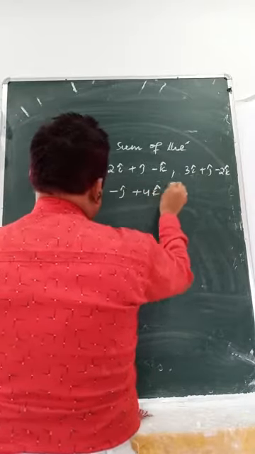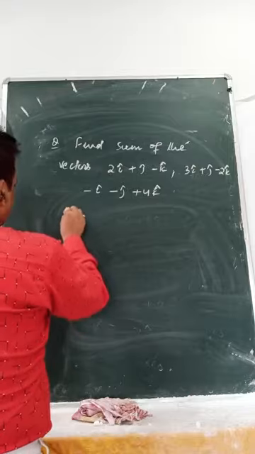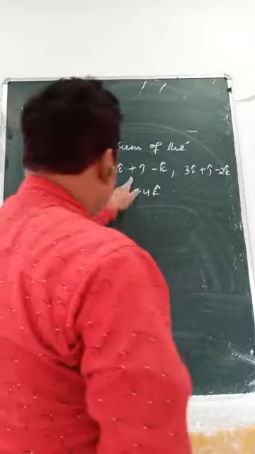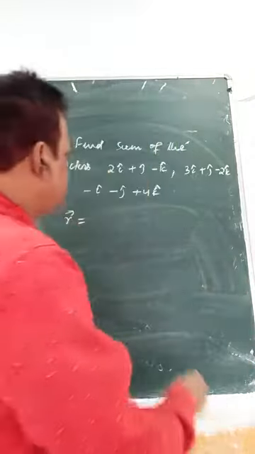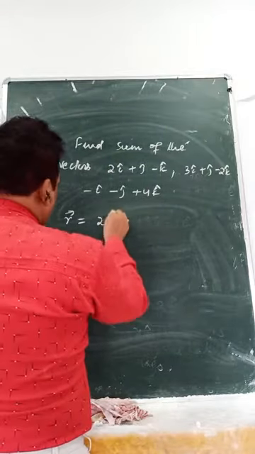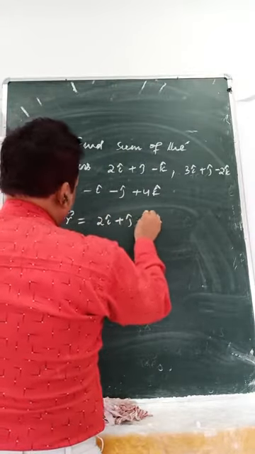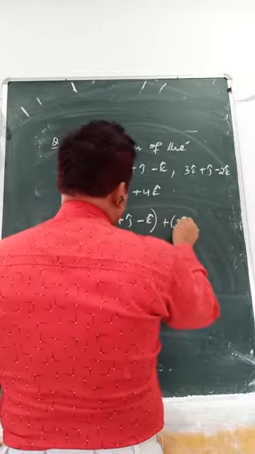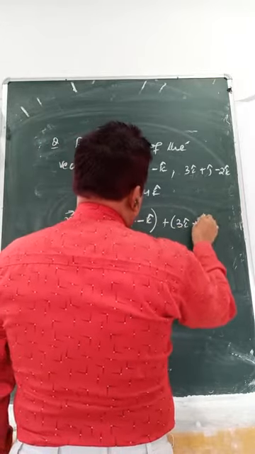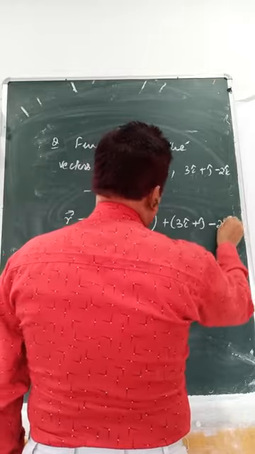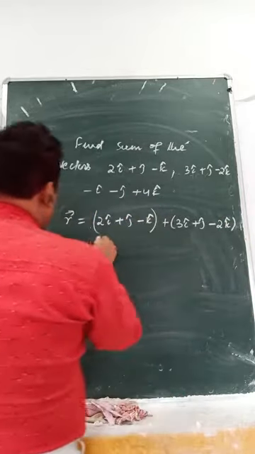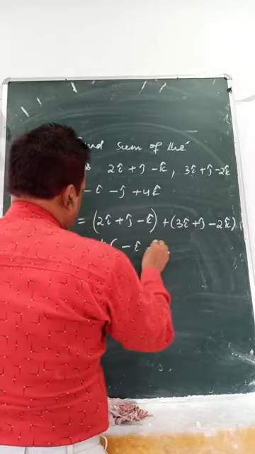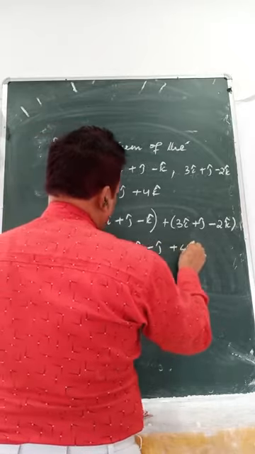Suppose the sum is r vector. Sum of these three means 2i plus j minus k plus 3i plus j minus 2k plus minus i minus j plus 4k.